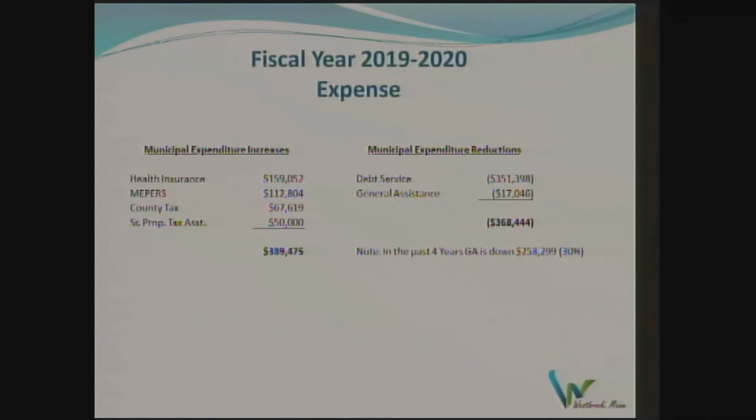In this year's budget, our general assistance budget is down $17,000, but over the past 4 years, that number has come down $258,299, or more than 30% during that 5-year period.